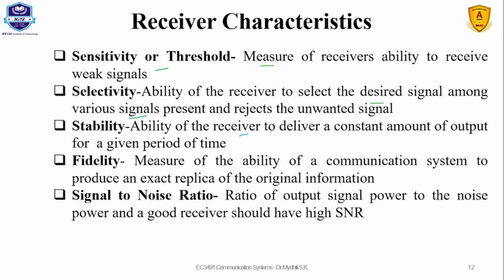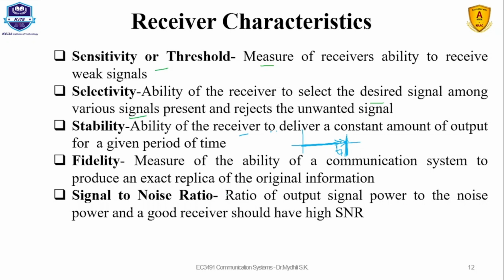For a particular period of time, the receiver must be able to pick the green signal present here. That is the ability of the receiver to deliver a constant amount of output for a given period of time. So if this is the T1 period, it should be able to receive within this period. That is called stability.